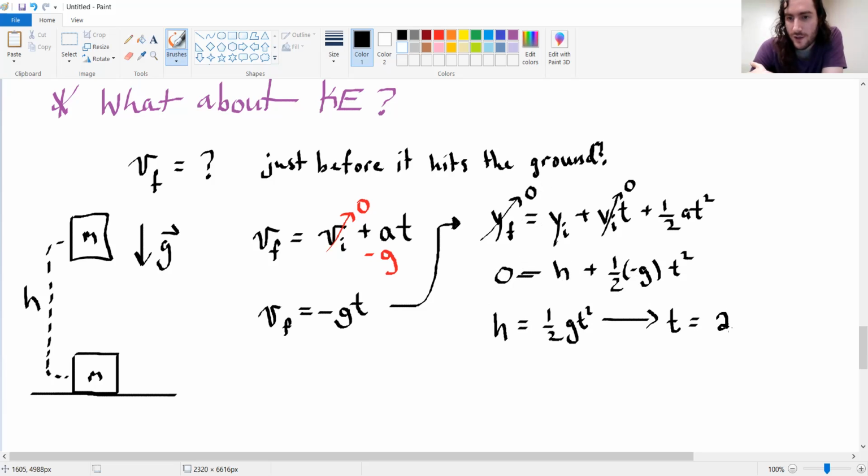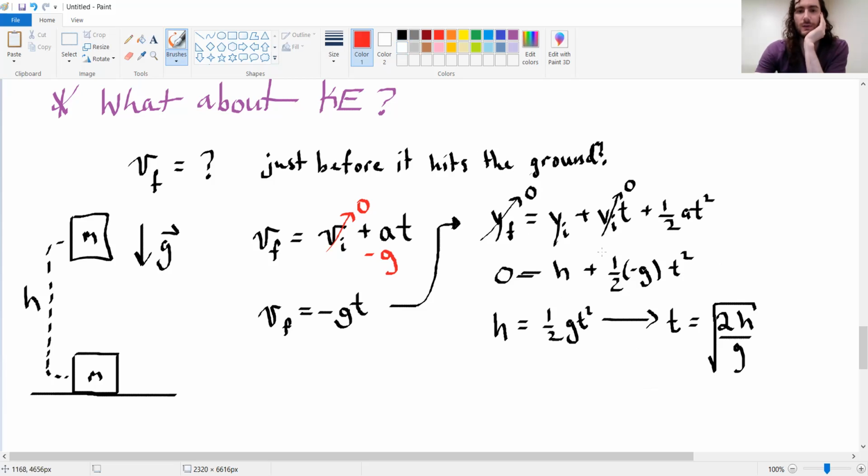If I multiply the 2 over and divide by g, I have the square root of 2h over g. And that is how long it takes for this object to fall.